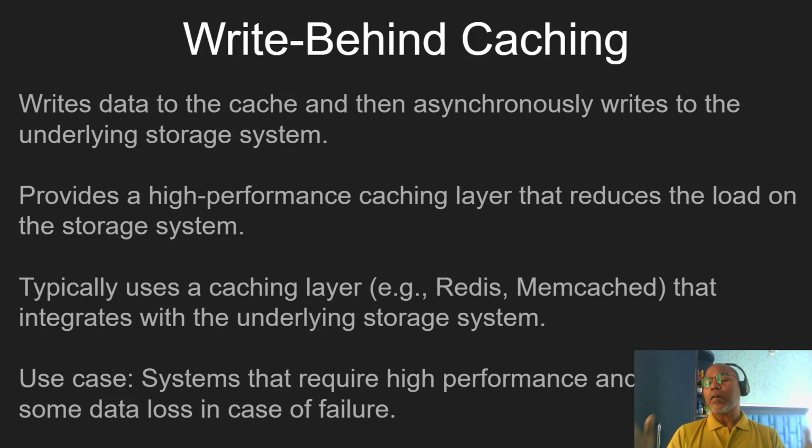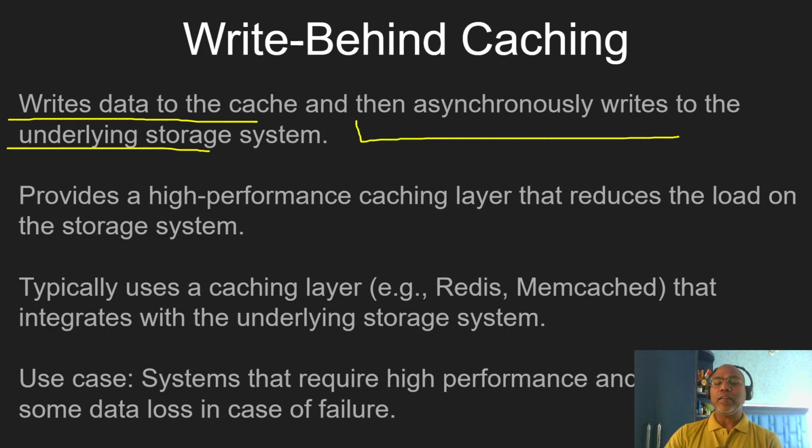Another technique is write behind caching. Here you write data to the cache and then asynchronously write data to the underlying storage. Write through means data is written in the cache and at the same time in the database. But write behind means data is written to the cache first and the response is returned, and later the data is synced. So we get a high performance caching layer that reduces load on data storage.